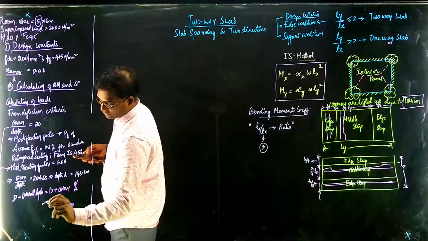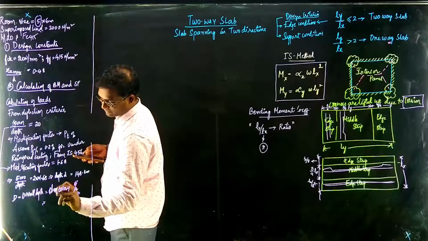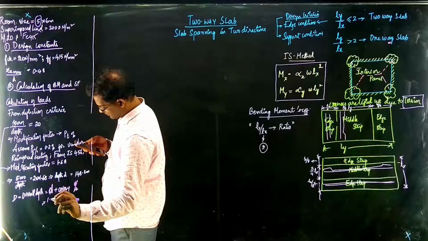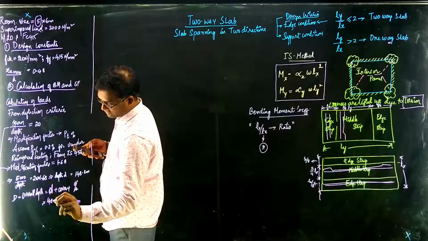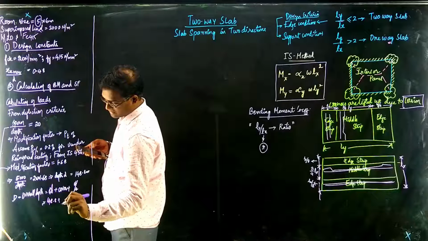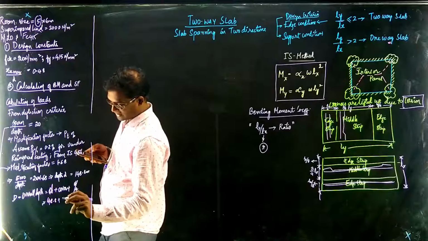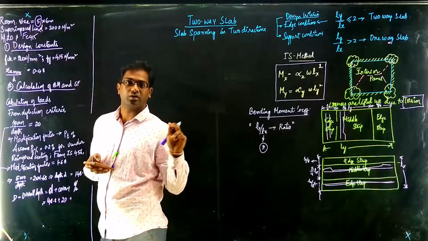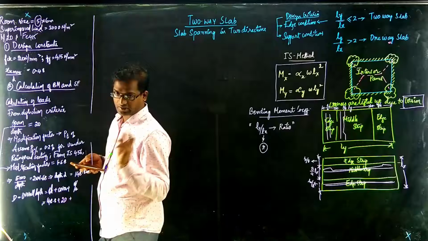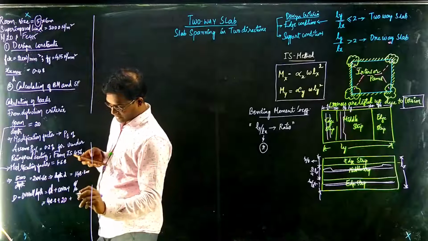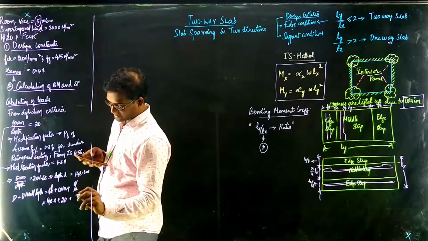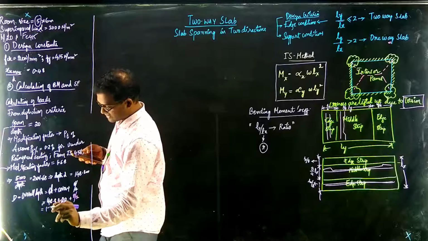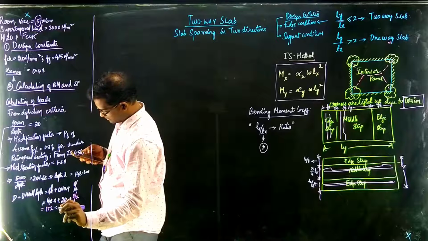Now this is small d, here it is given as 148.5. So let us take that, 148.5 plus cover. Normally it is taken as 15 to 20. I am taking 20 because this is a two-way reinforced slab, and I am assuming 8 mm diameter, so 8 by 2. So I will get an overall depth of 172.8 mm.